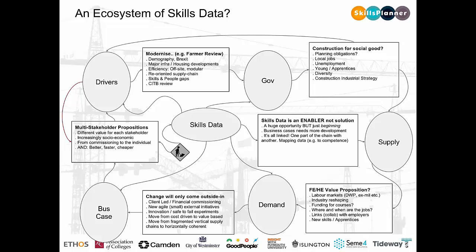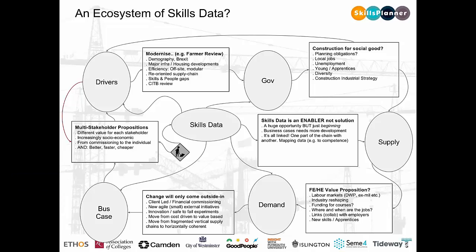As summarized really well, for example, in the Farmer Review, talking about the massive need for affordable housing, demography changes, efficiency, off-site, modular, etc. And increasingly those drivers, the more we look at them, are about commissioning, financing, developers, etc., which really inputs to the government context, which I've titled here as Construction for Social Good.